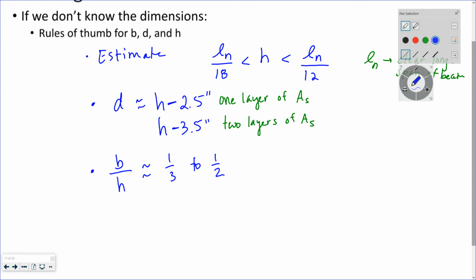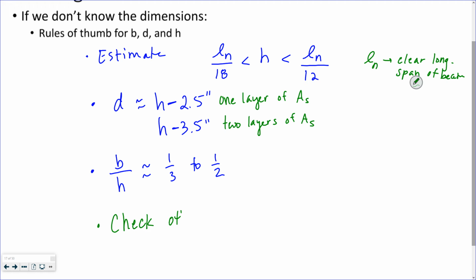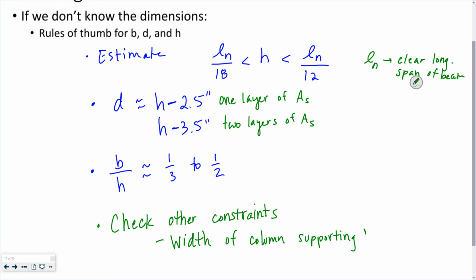So, as a note, these are just general rules of thumb. You probably have some other constraints by the architect, or maybe keeping things consistent, like the width of your column that supports the beam.